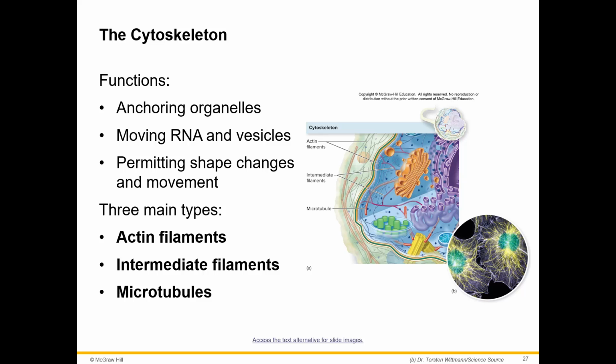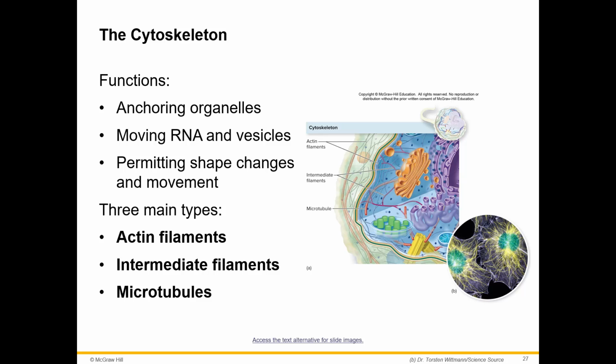Intermediate filaments provide more of the structural support of the cell and cell shape. So intermediate filaments are very similar to a human skeleton. They're going to make up the bulk of the structural support in that cell and give the cell its shape. While actin filaments are more for allowing the cell to move.